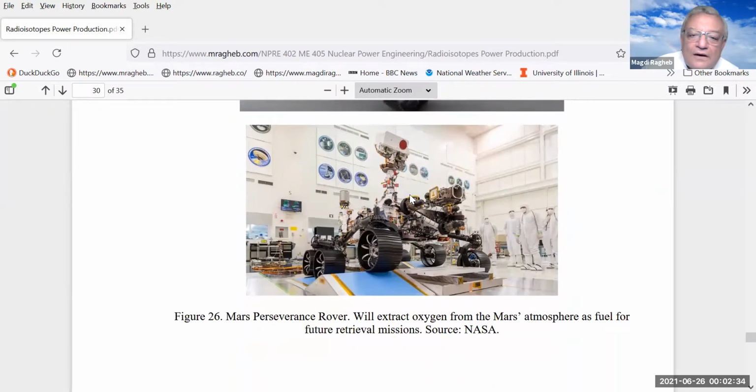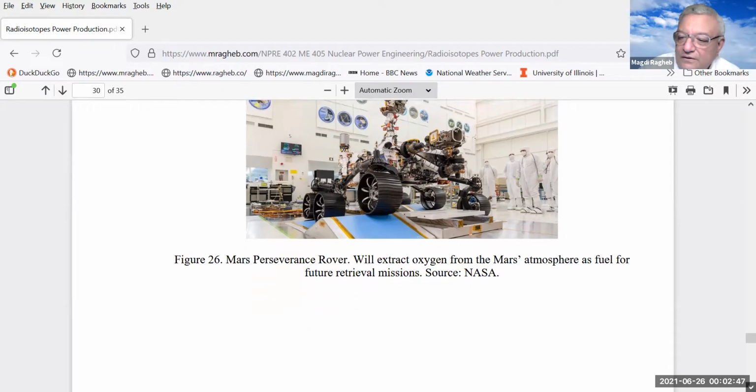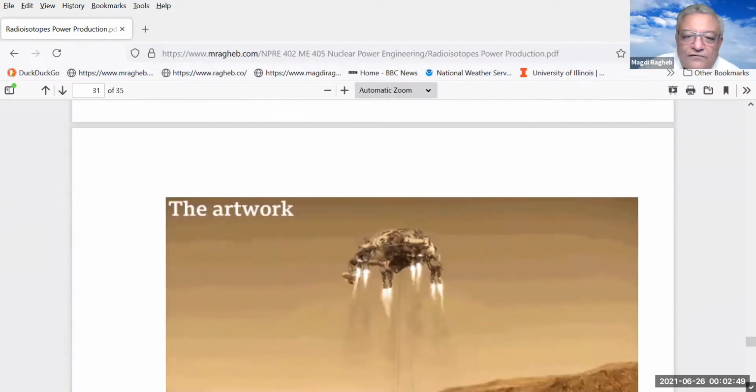This is actually the rover Perseverance before it was launched to Mars. And basically, it is considered as a way of looking.